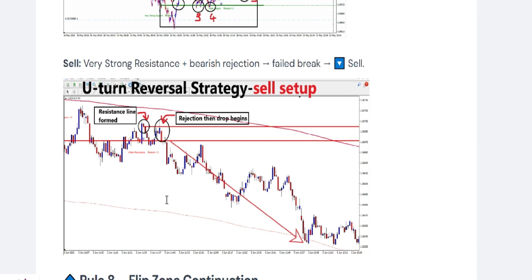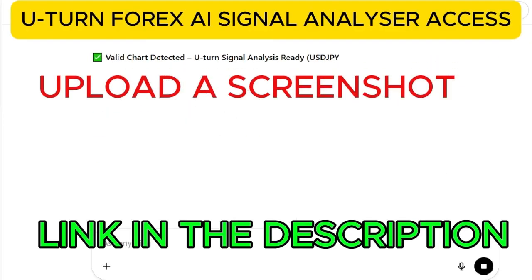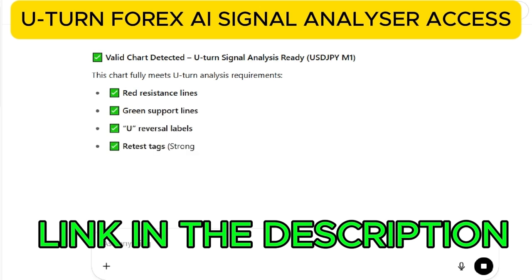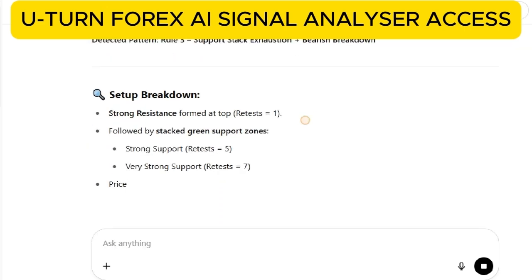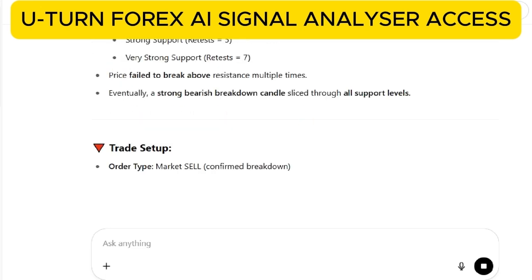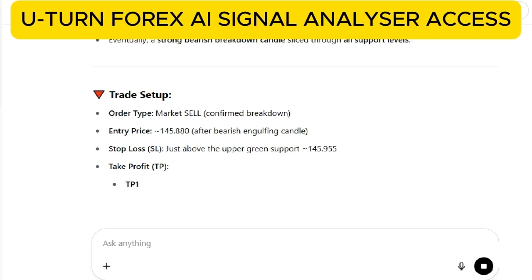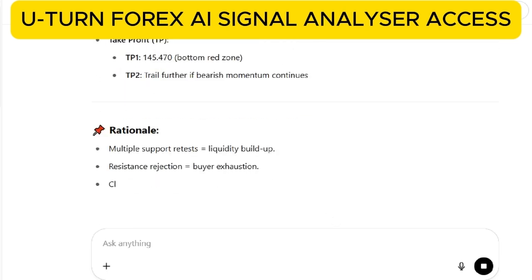So what this AI analyzer will do, let's say you are tired of manually analyzing this chart: you just take a raw screenshot like this one without annotating, upload it to the app, and press the go button, and then the tool will analyze the chart for you and give you the setups, the entry, the exit, the take profit, the stop loss level, the reason behind it, and everything. It will teach you to master this strategy.